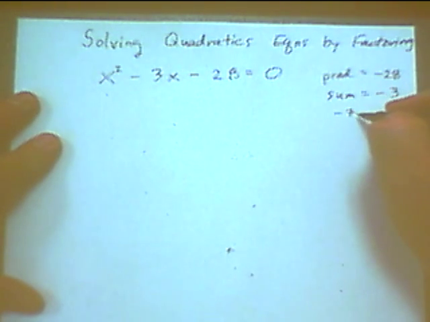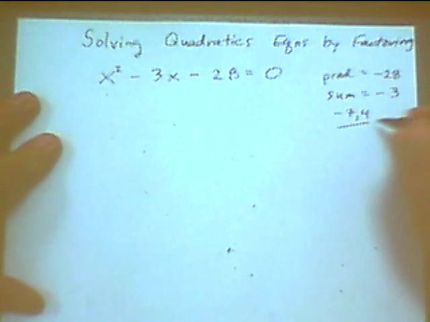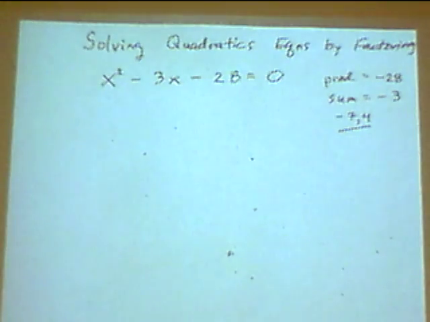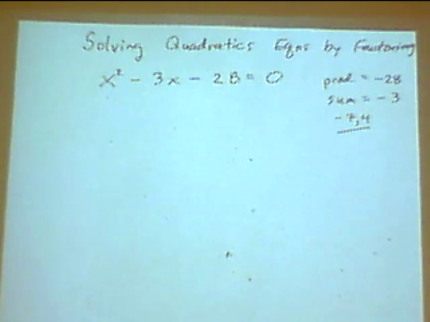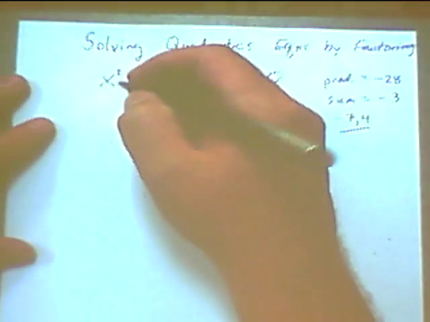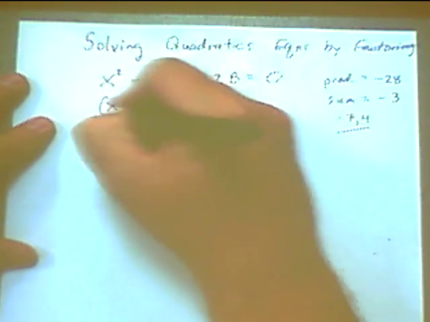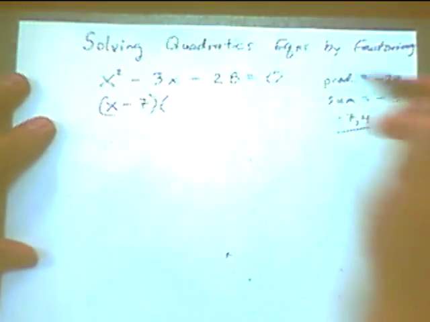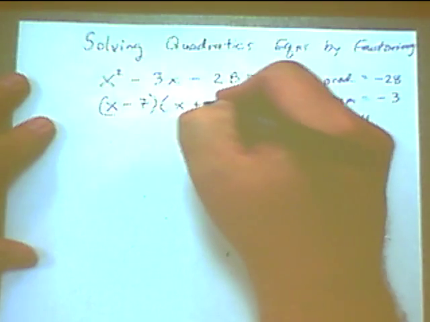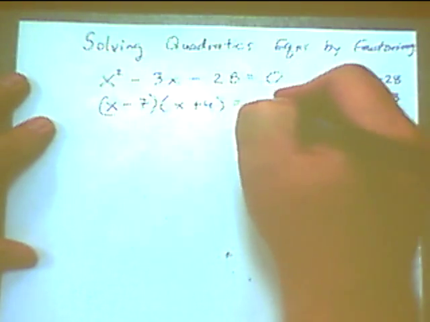And I believe it should be negative 7 and 4. Now, a quick review of factoring for this trinomial. Since there was no coefficient for the squared term, I can now go ahead and factor the trinomial. x minus 7 times x plus 4, and that equals 0.